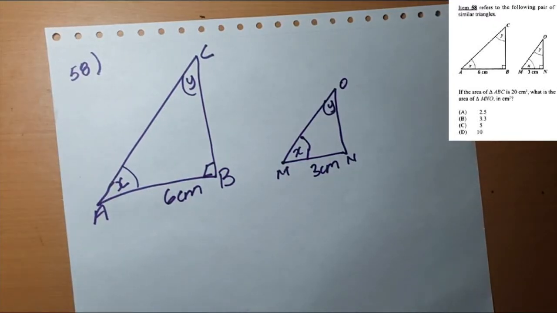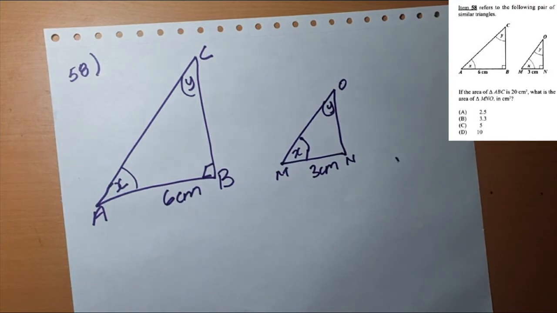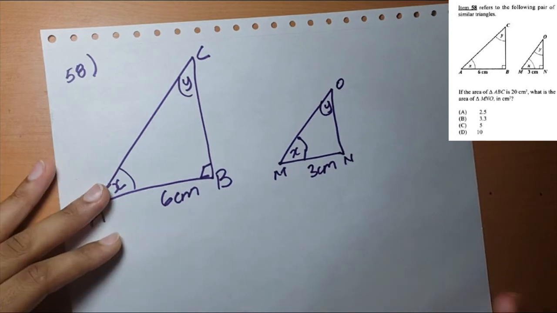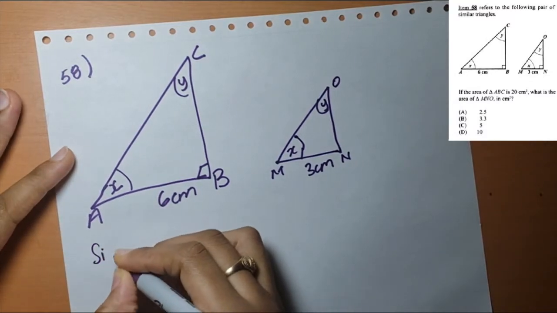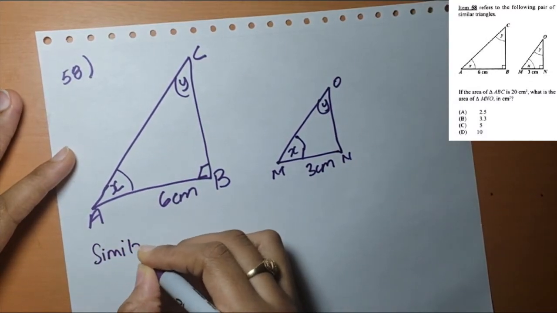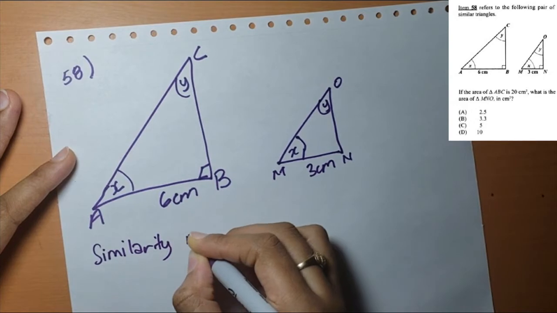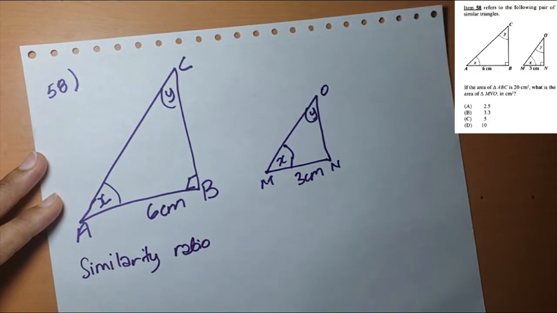Okay, so number 58, we're hearing about similar triangles. If you do not know what similar triangles are, they're basically triangles that are similar. Okay, so when you're talking about similar triangles, we need something called a similarity ratio.